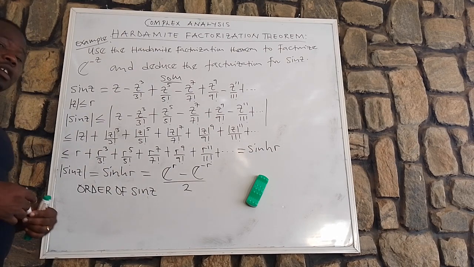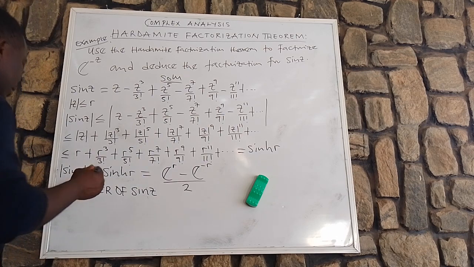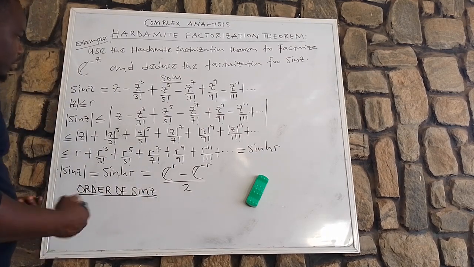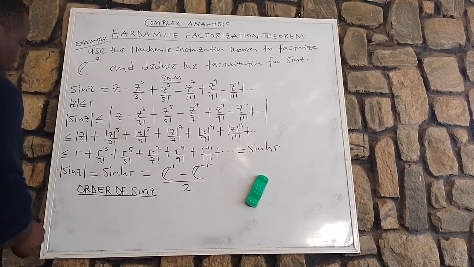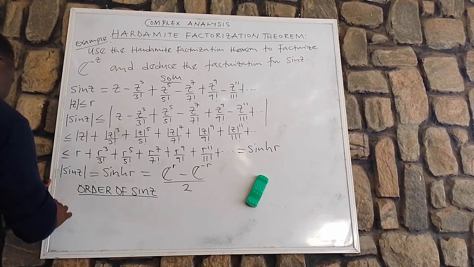So if you agree with me, how to obtain the order of sin z is, let's recall the order of the Hadamard factorization method. The order is always of this form.